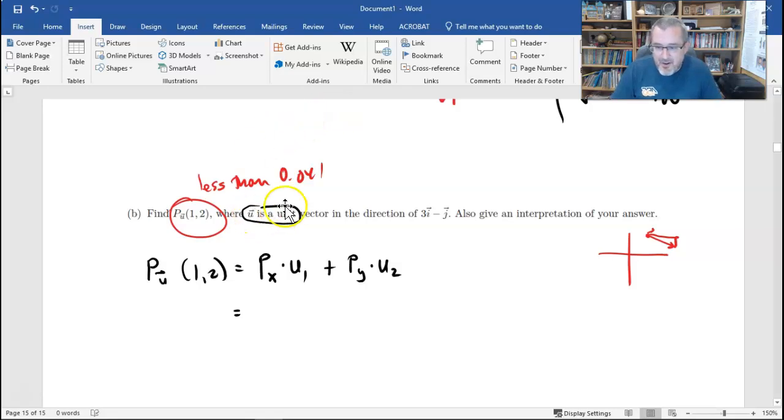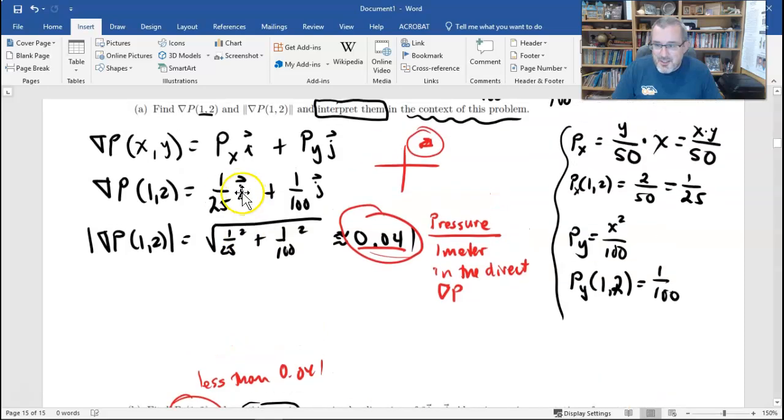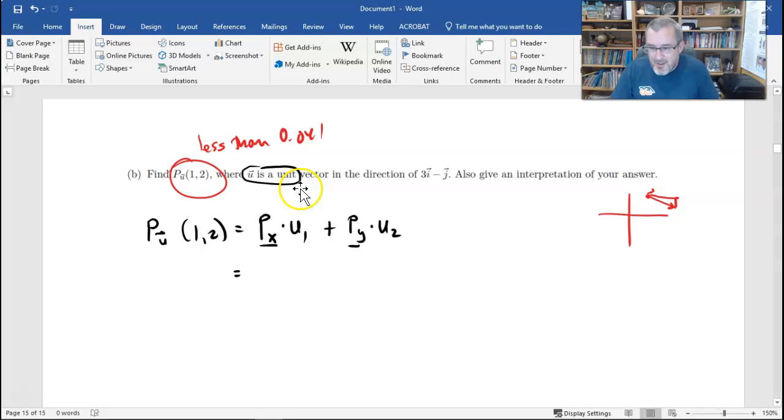Now, because we've already done the gradient vector work from before, let's use it. Remember the 1/25th and the 1/100th? So I know this is going to be 1/25th times something, and this is going to be 1/100th times something. Now, u is a unit vector in that direction.